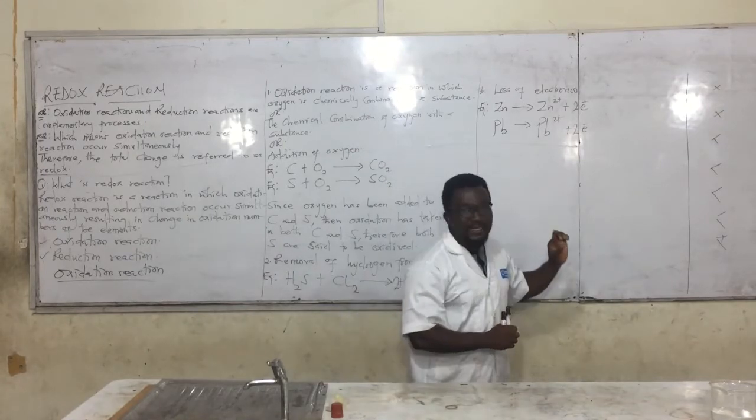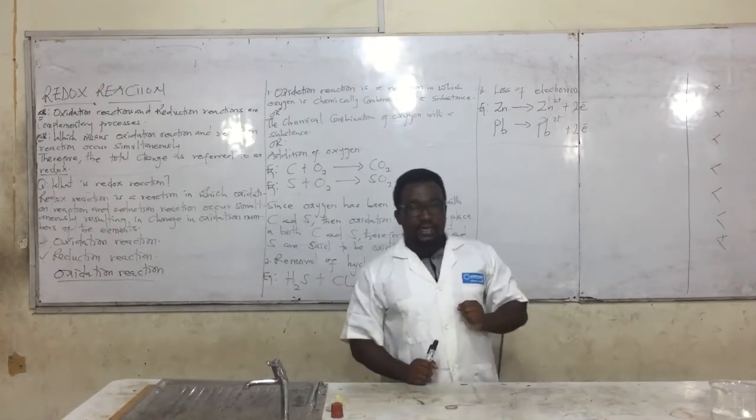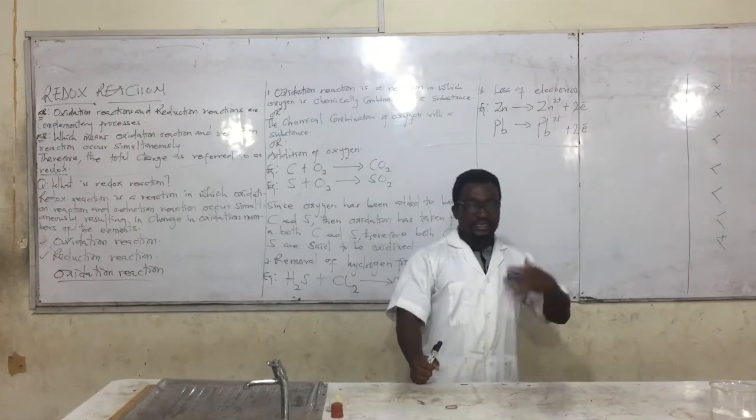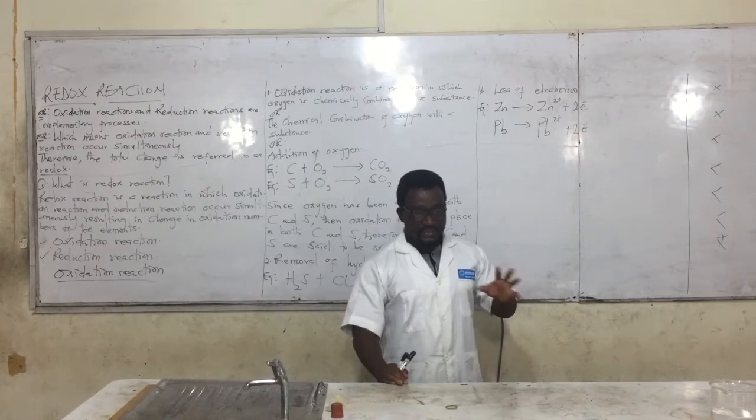That is where we add the electron. And when you add electrons to the right hand side of your equation, then it means that oxidation has taken place.